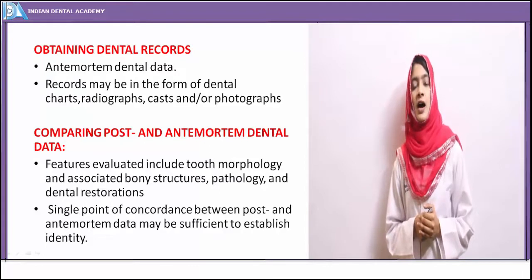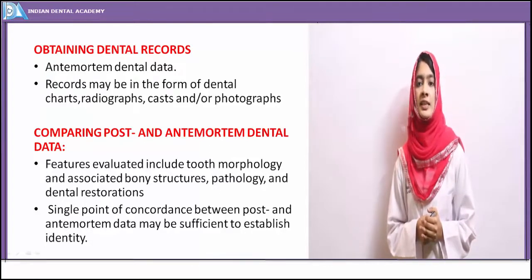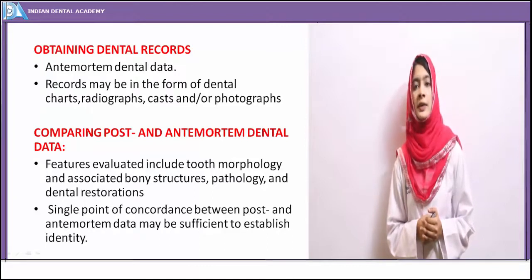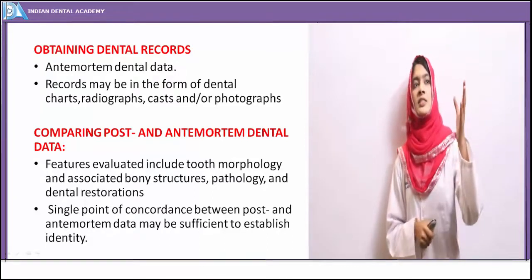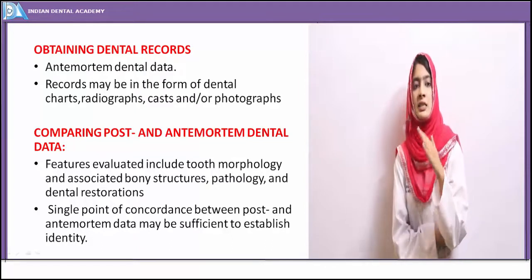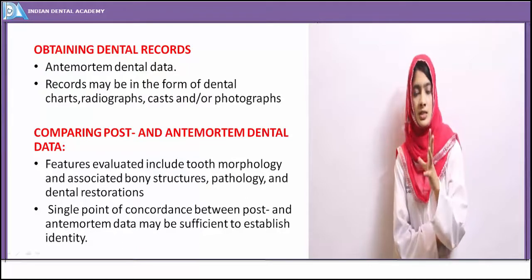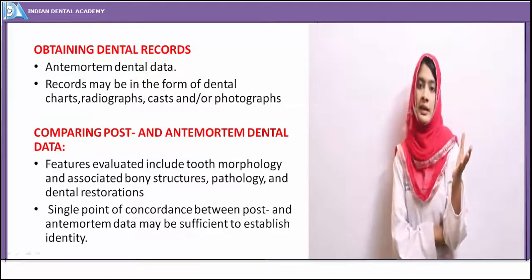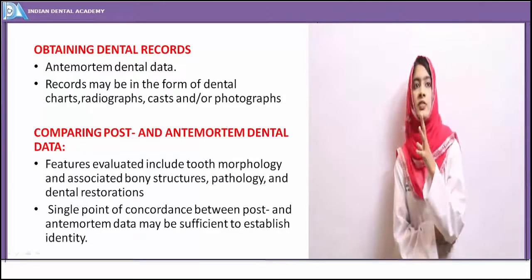the next step after oral autopsy is obtaining dental records. So how do you obtain the dental records? You have to ask if the person is identified at the medical autopsy level because of his external features or anything.